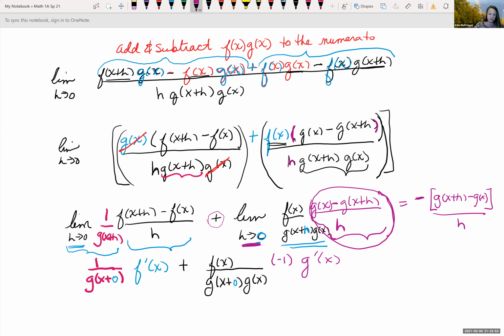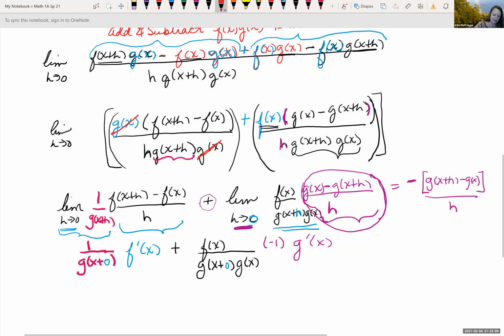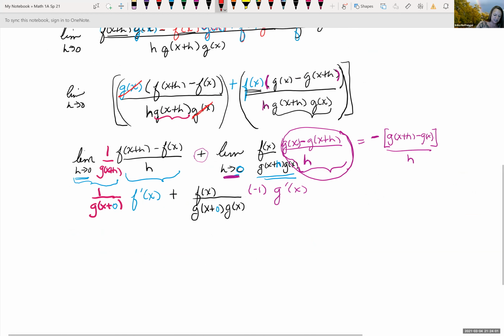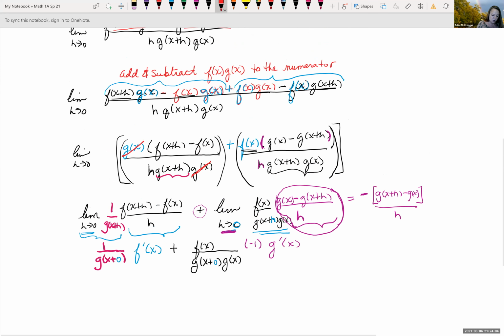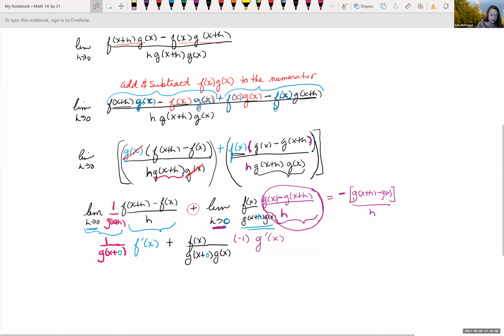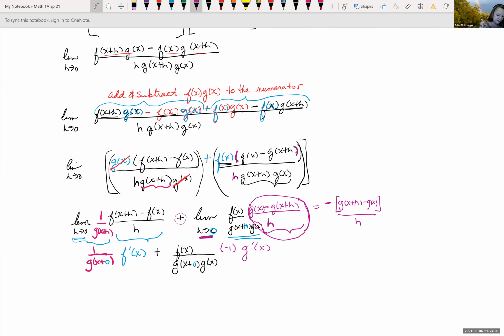So I dropped the limit because we went in and we put in 0 wherever we saw an h. So let's just clean that up a little bit. So 1 over g of x plus 0 is just 1 over g of x times f prime of x. So I technically could put that in the numerator.